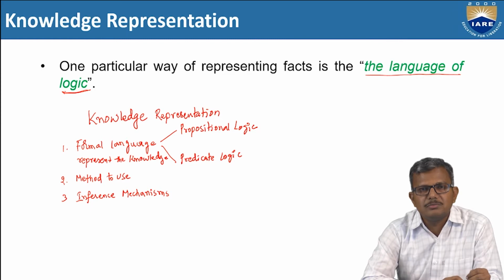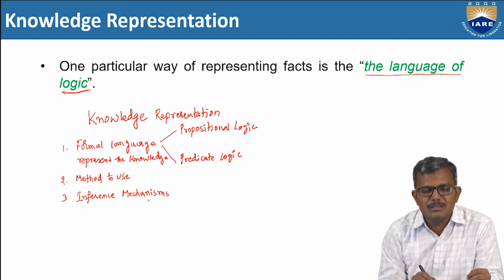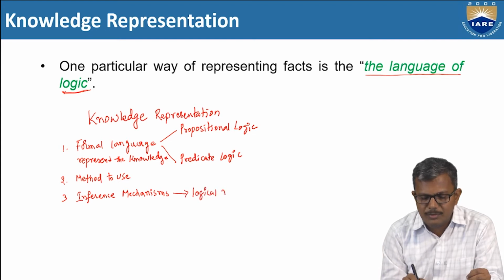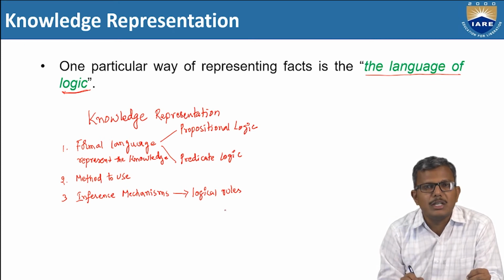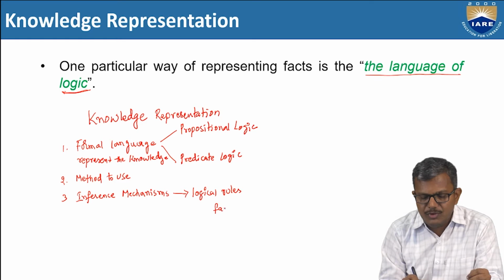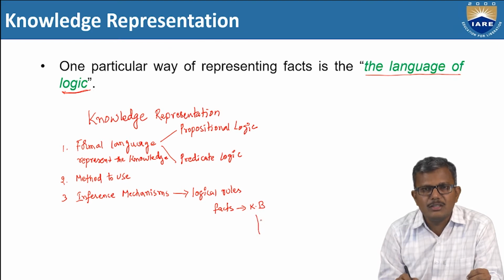So inference mechanism is nothing but applying some kind of logical rules to the facts that we have represented in the knowledge base. Here the knowledge base is nothing but a database which is going to have some facts and some rules.